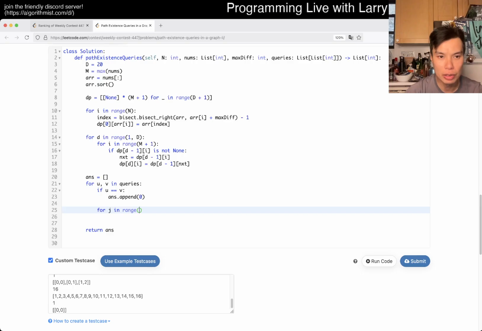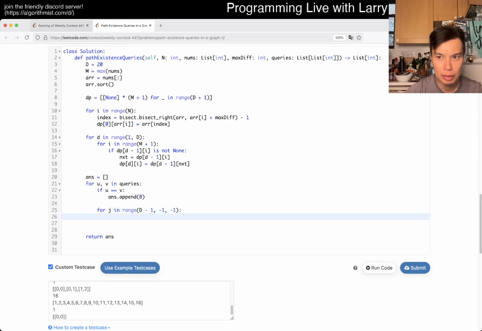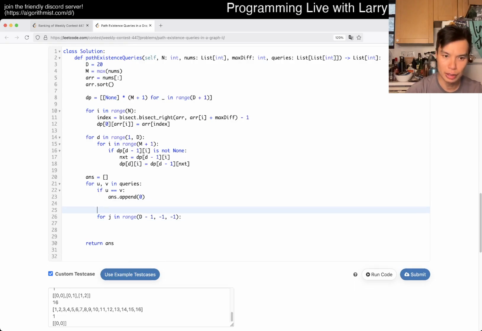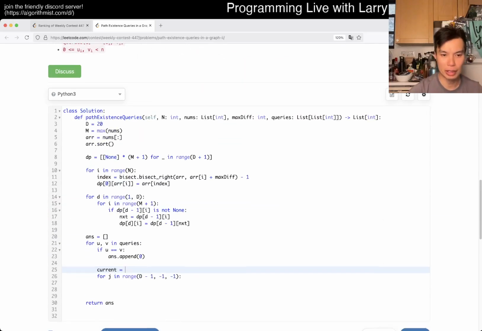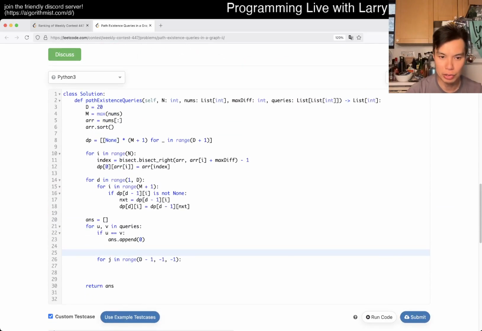Okay, so we want to do d minus 1, minus 1, minus 1, right? So then, oh, I have to get the symmetry things. So we want to get from u to v, so num sub u, num sub v.